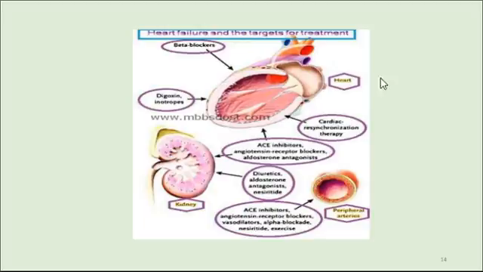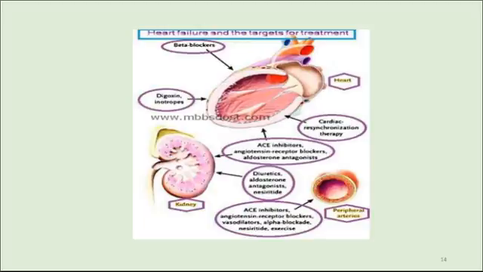ACE inhibitors, which are mentioned here. There's ACE inhibitors and ARBs, or angiotensin receptor blockers, or aldosterone antagonists. So ACE inhibitors, think of the prils, such as lisinopril, quinapril. It's usually the first line of therapy to control heart failure.